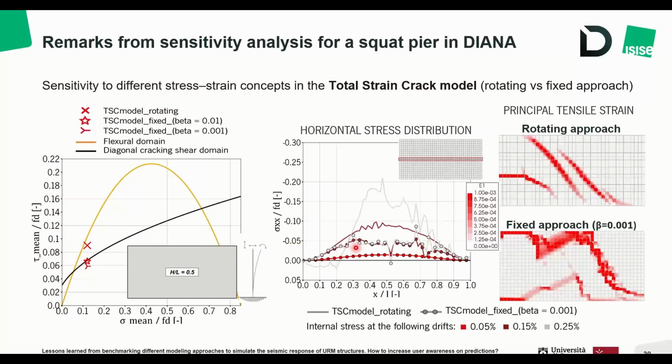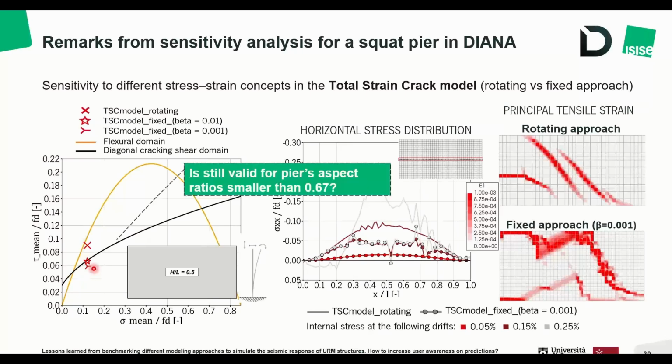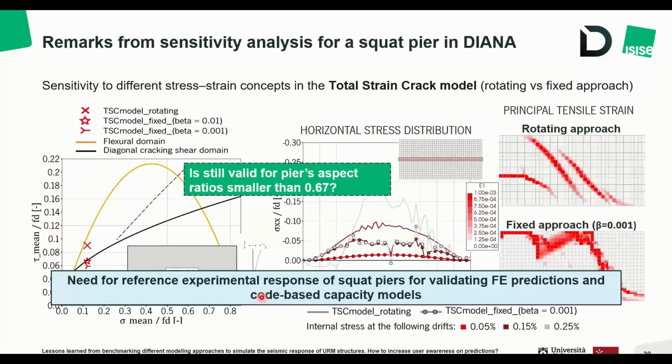While if the hypothesis of horizontal stress limited in the cross section of the pier is respected, then we also have a consistency with the diagonal cracking shear domain by Turnšek-Čačovič. But in any case, we don't know if this domain is still valid for piers with aspect ratio smaller than 0.67, as it is in our case.